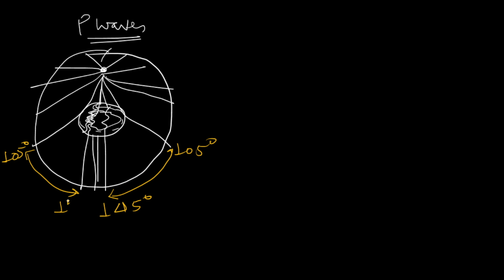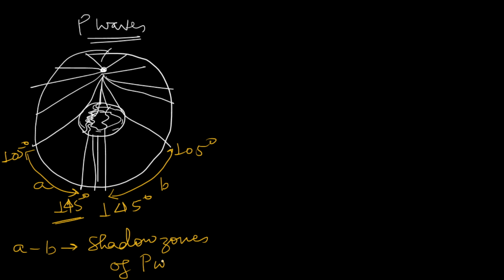It is not exactly 145 degrees, it depends on the hypocenter. On average it will be around 105 to 145 degrees. Let it be A, let it be B. So A and B are the shadow zones of P waves.